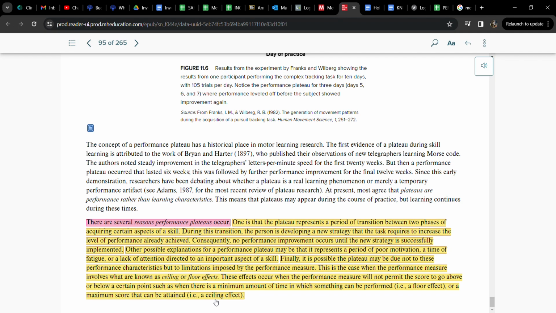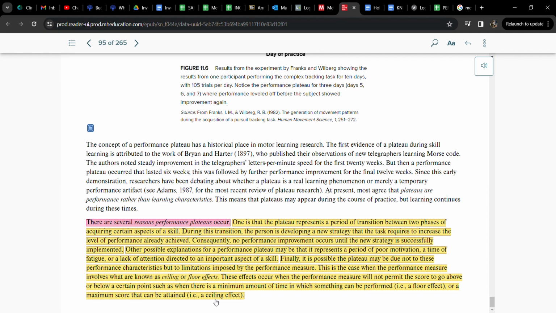And the floor effect is in play when someone is so bad, and that's maybe a harsh term, that they're not able to do a skill up to the level to meet the minimum score, right? Those are things you want to take into consideration when we're scoring things: it might not show improvement.